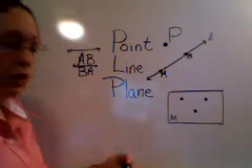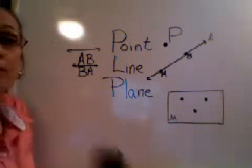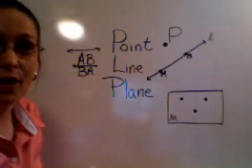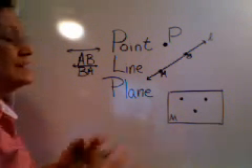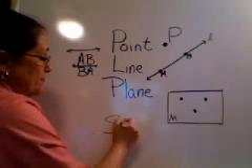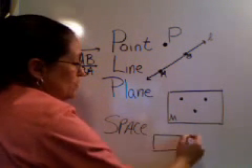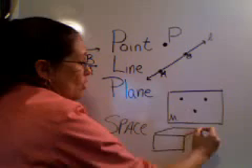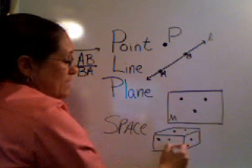Now, there are a couple terms that we want to be familiar with as you're doing this lesson. Remember, point, line, plane. It all boils down to that. Space, by the way, is the set of all points in 3 dimensions. You would think of a cube representing all space and all the points that could be in there.